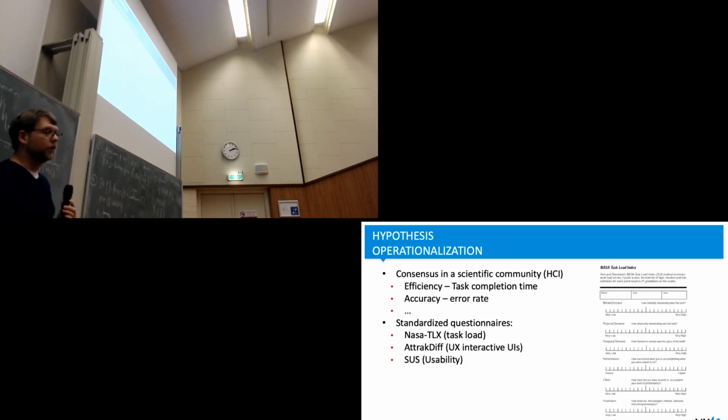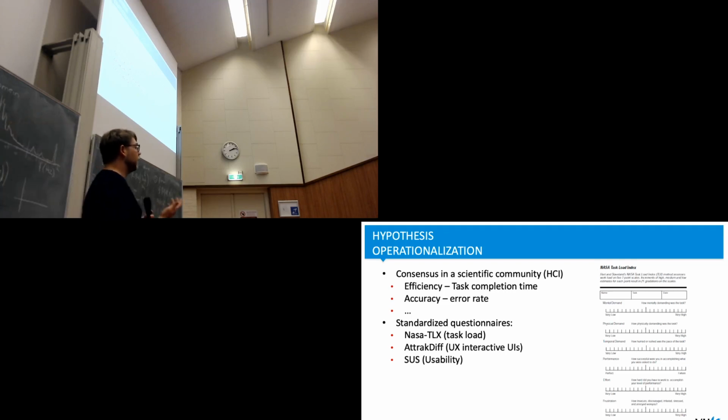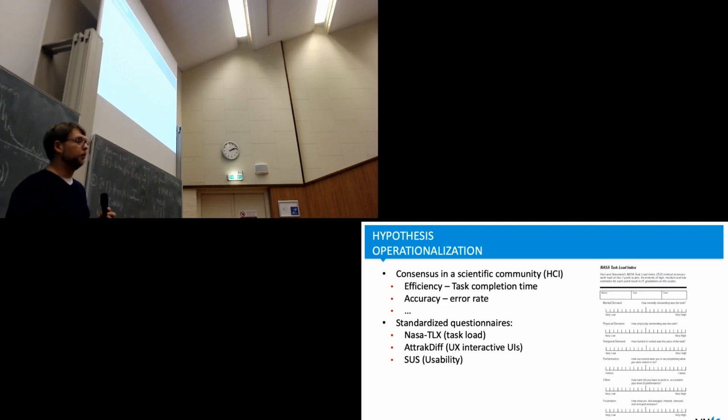Looking at this from a human-computer interaction perspective, there's a consensus, for example, that when we talk about efficiency, we mostly talk about task completion time. So how long does it take a user to solve a certain task? And for accuracy, we talk about how many errors there are, or the error rate.